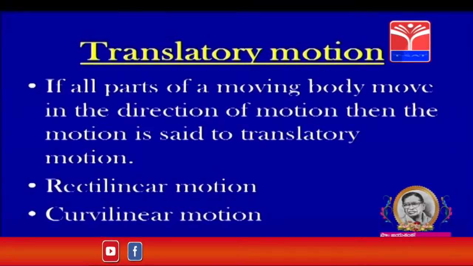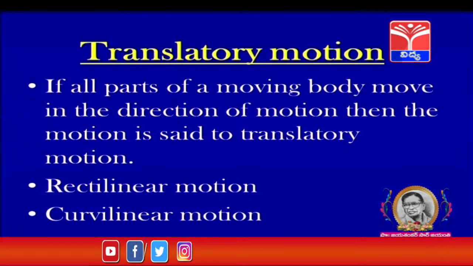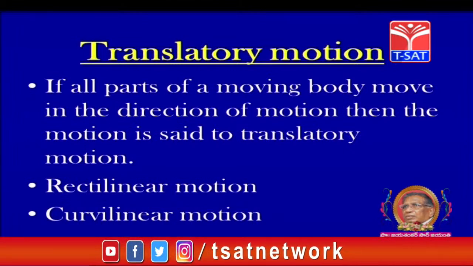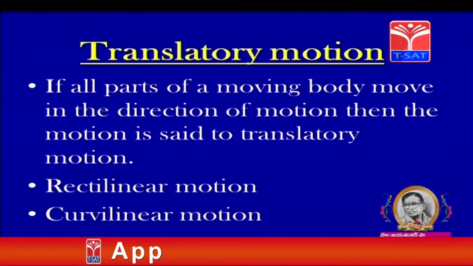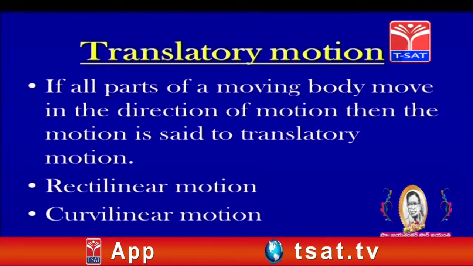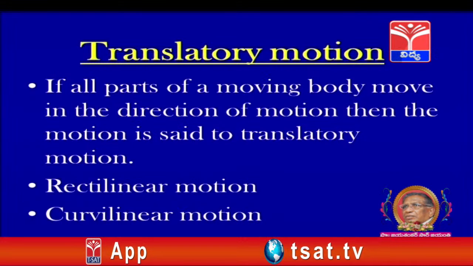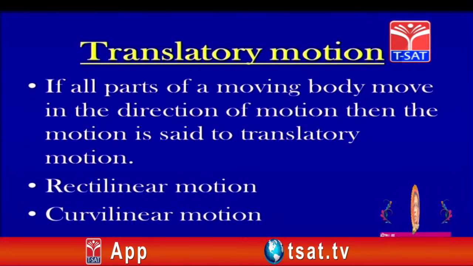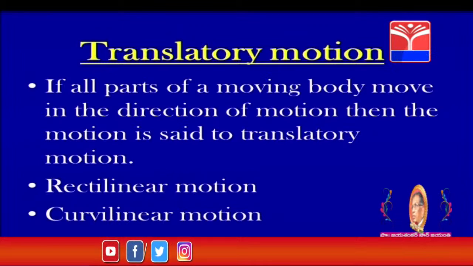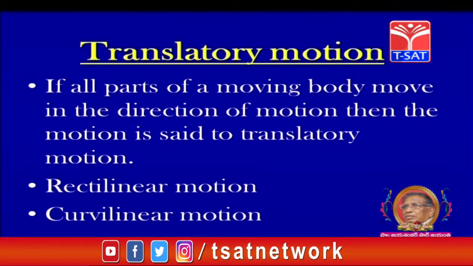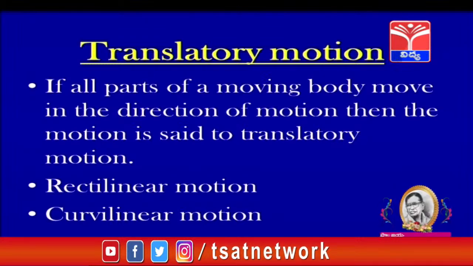Translatory motion: if all parts of the moving body move in the direction of motion, then the motion is said to be translatory motion. This translatory motion is again of two kinds, rectilinear motion and curvilinear motion. So, we will learn about translatory motion by taking the following examples.